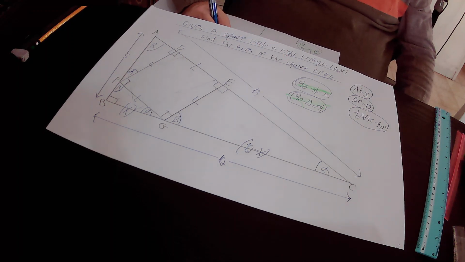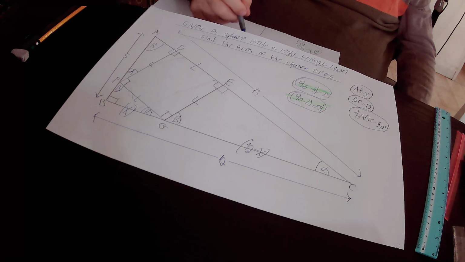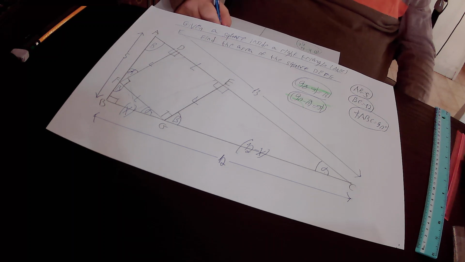Here we will have L over 12 minus x in the right triangle EGC.